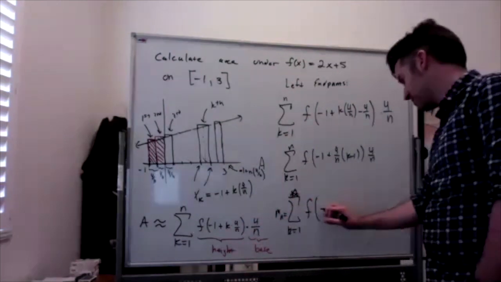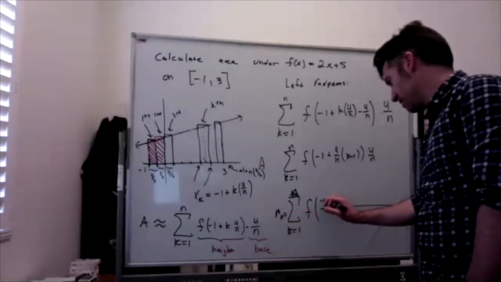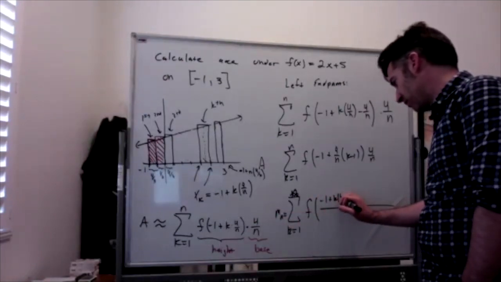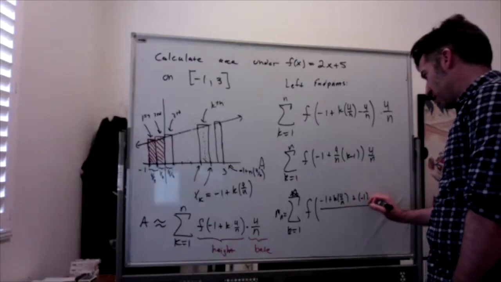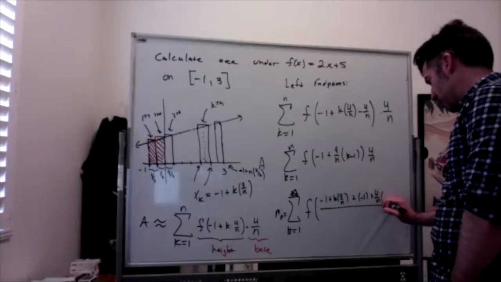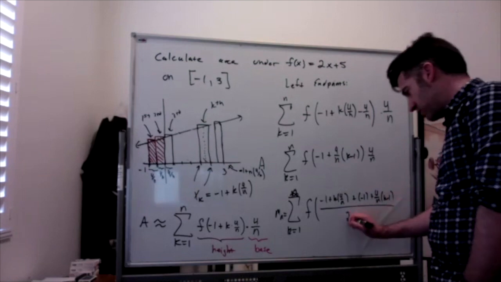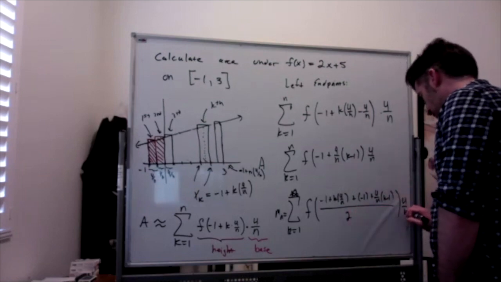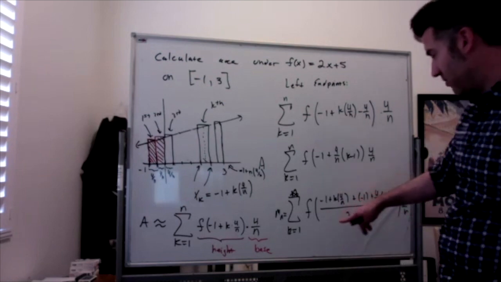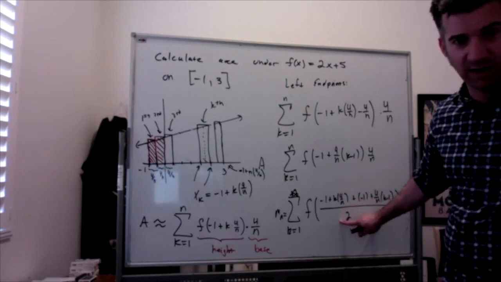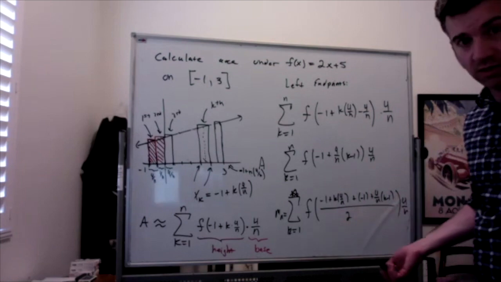It's this -1 plus k times 4 over n, plus this -1 plus 4 over n times k minus 1, all over 2 times 4 over n. And then you have to plug that in. You can probably simplify this a bit, but it's going to be gross.